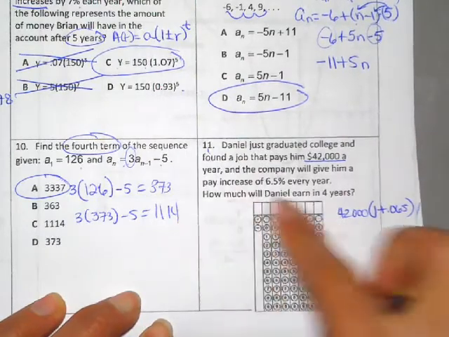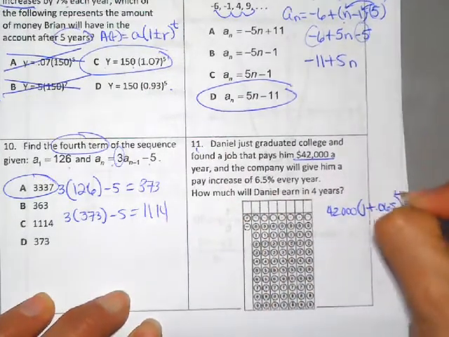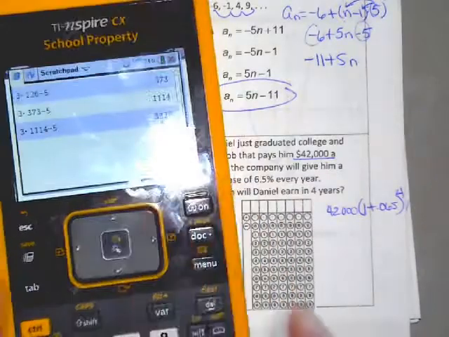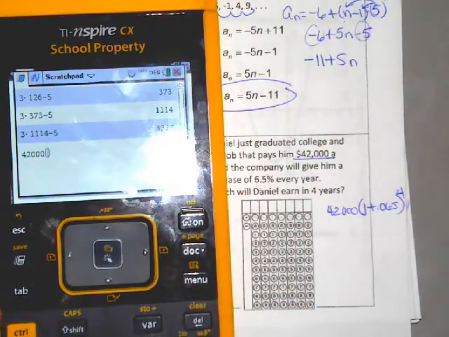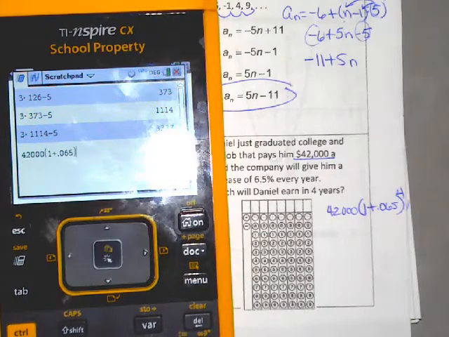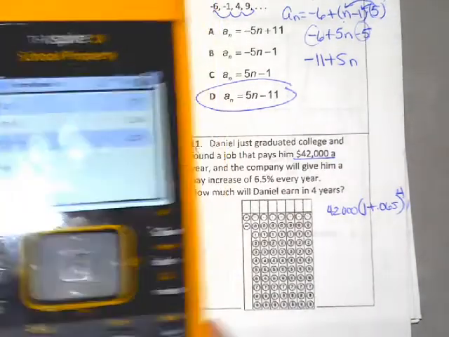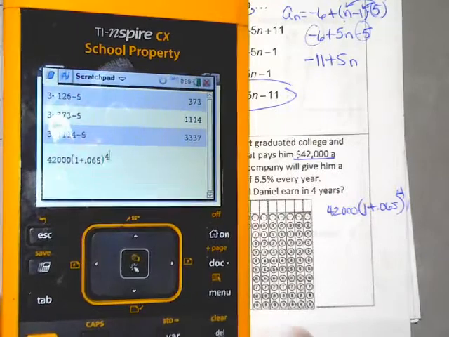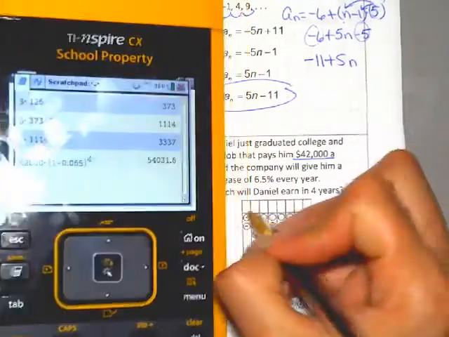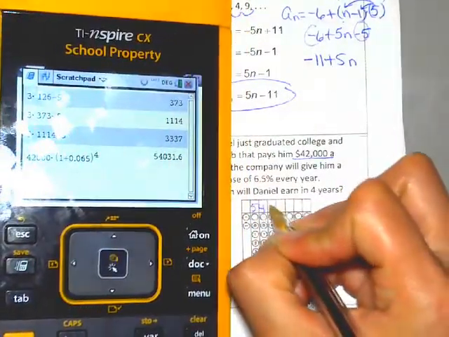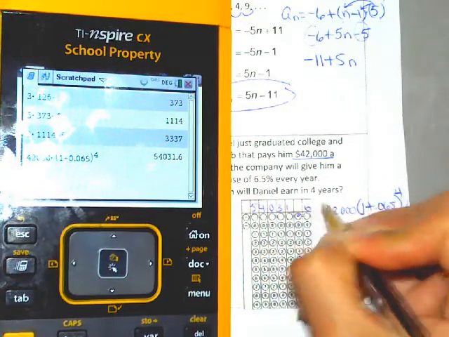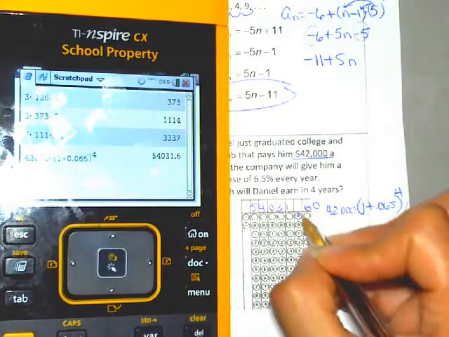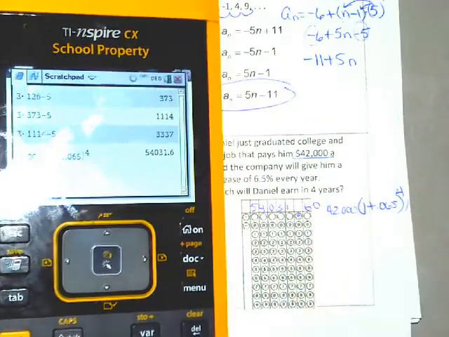And they want to know how much will he earn in 4 years, so raised to the 4. So 42,000, open parentheses, 1 plus 0.065, close parentheses, raised to the 4. Okay. So our answer is $54,031.60, but I ran out of space. Okay. Then you would bubble it in.